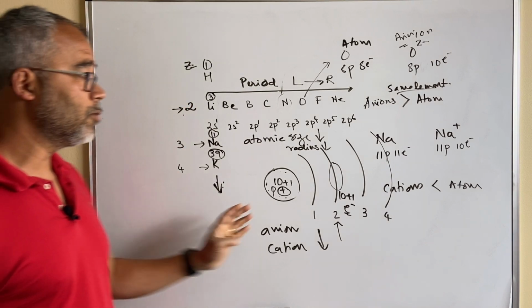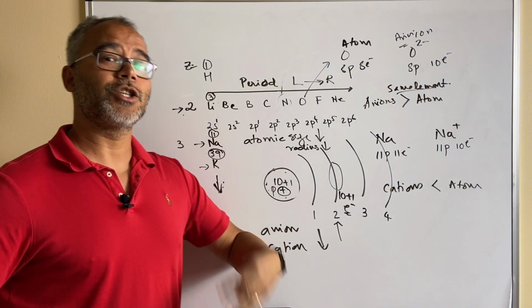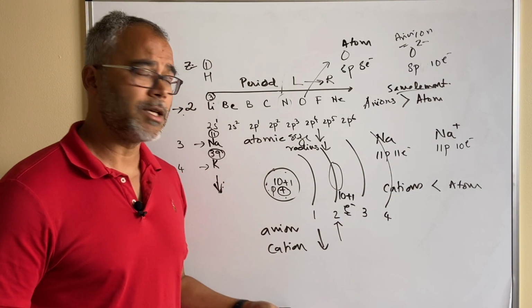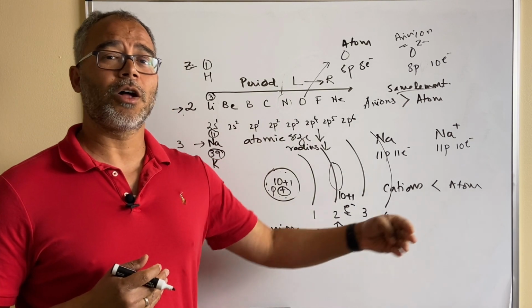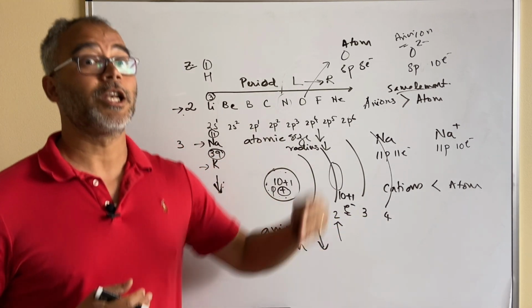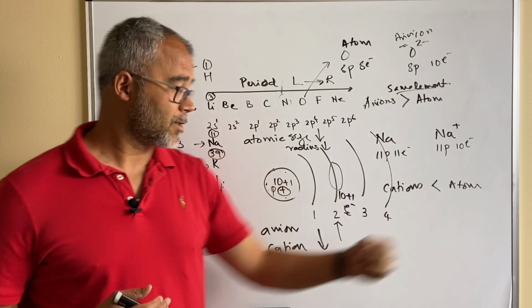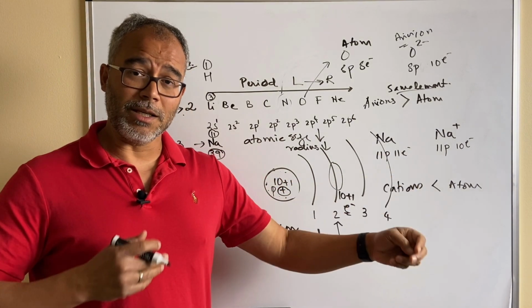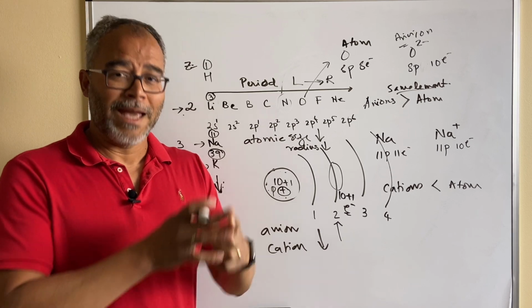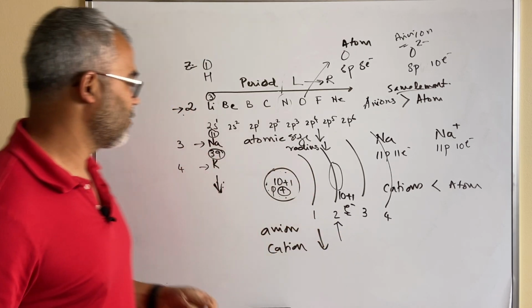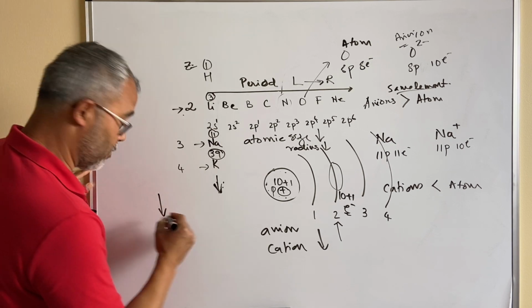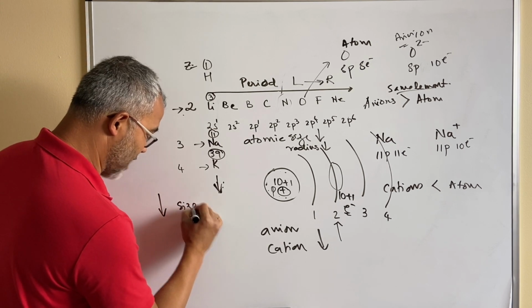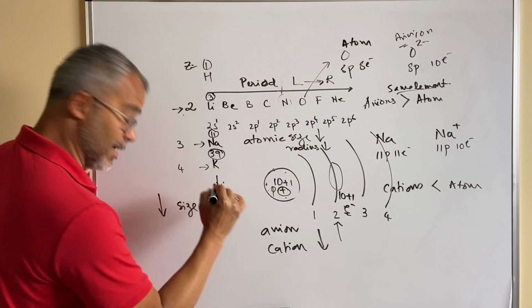It's not just about additional electrons and protons, but the distance of the additional electrons from the nucleus is also increasing because they're in new energy levels. As a result of that increased distance, you have an increase in size. Therefore, as you go down a group, size increases.